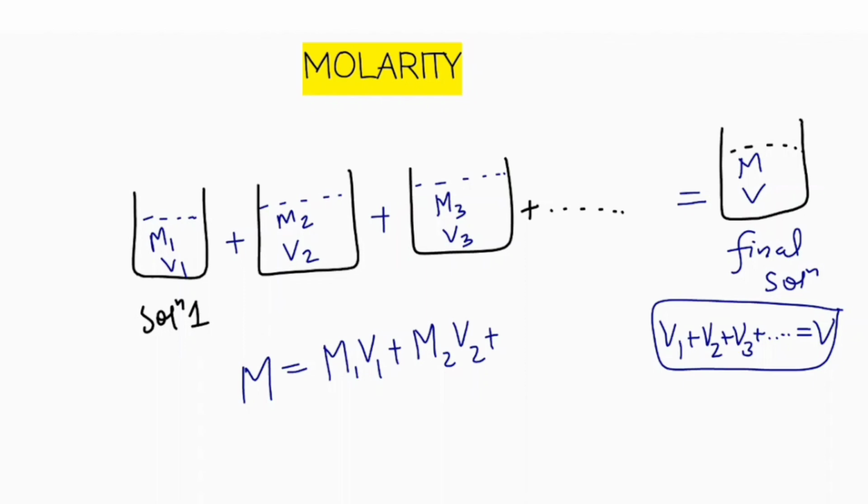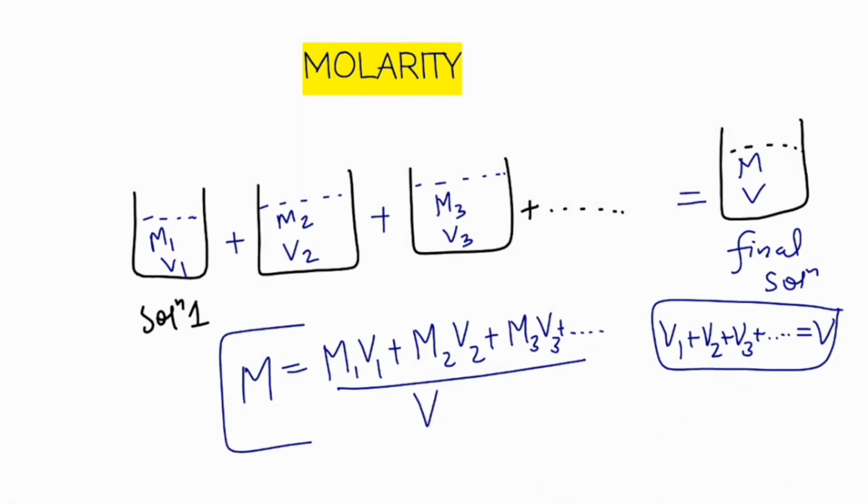So total moles will be the moles of solute in solution 1, that is M1 V1, plus the moles of solute in solution 2, M2 V2, plus the moles of solute in solution 3, M3 V3, and so on, all divided by the total volume V. So the molarity of the final solution is equal to total moles upon total volume. I hope this much is clear to you.